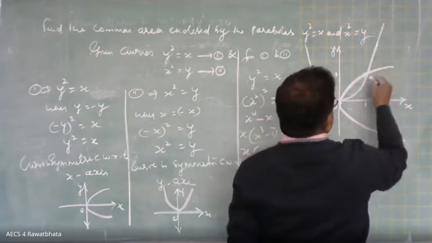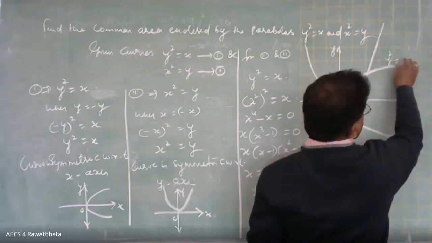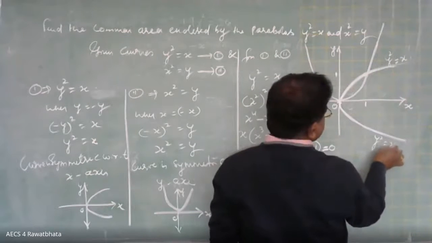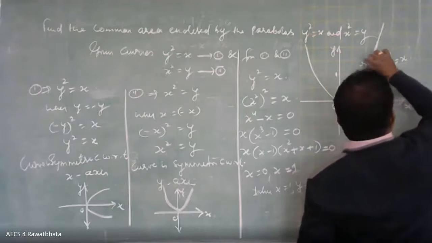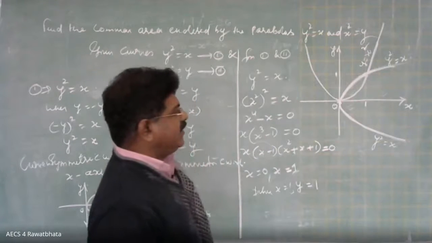So this is y squared equal to x, and this graph is y is equal to x squared.